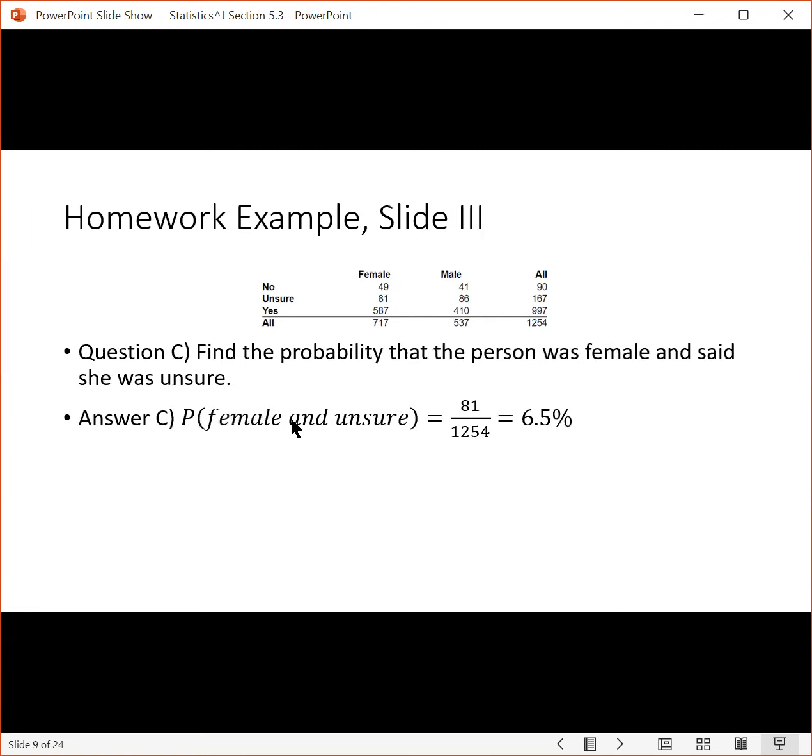And then finally, female and unsure. We look for overlap of female and unsure. There's 81 of those out of the total for the entire table, which is 1254. So no condition, no restriction. You take the entire table for the total, the sample space, if you will. So you've got event space over sample space, to use the language from the last section.